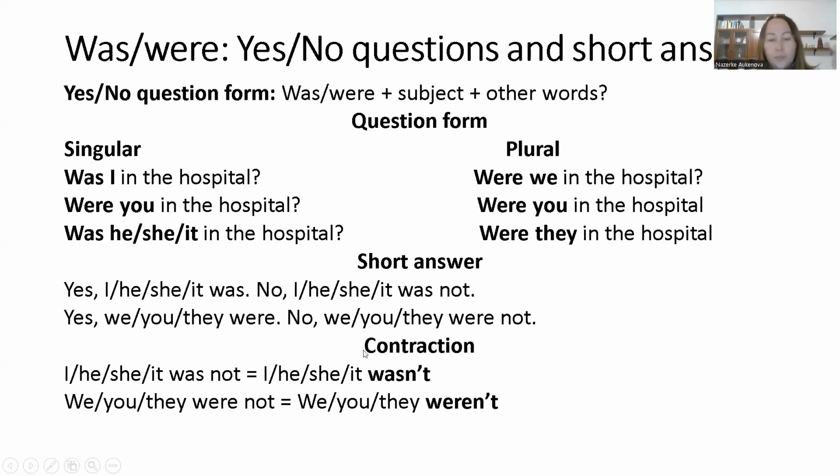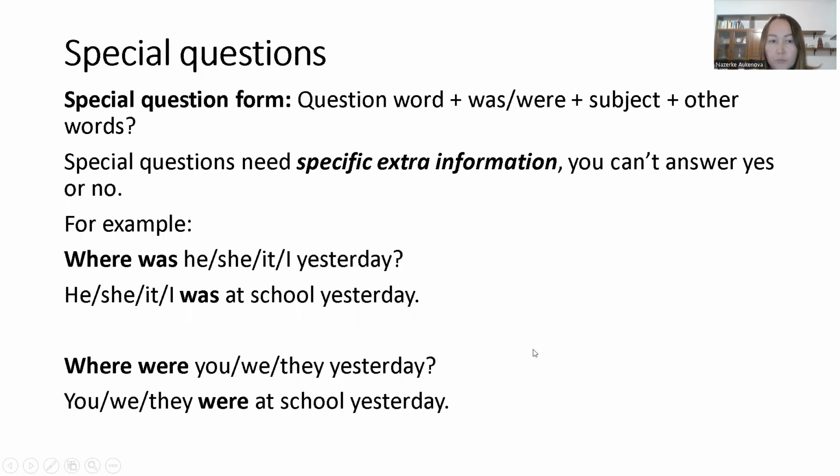When you reply or when you write, you can also use contractions with an apostrophe. For example, instead of I was not, you can use I wasn't, you weren't, they weren't, and so on.